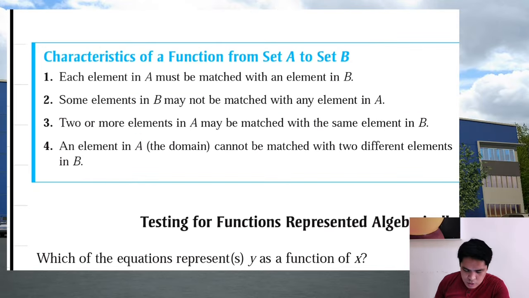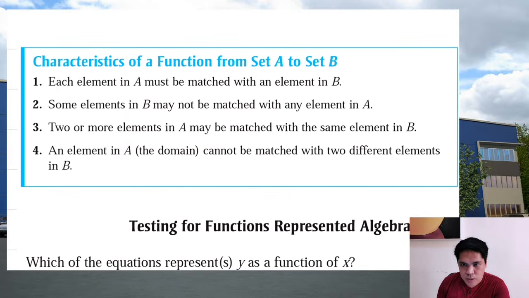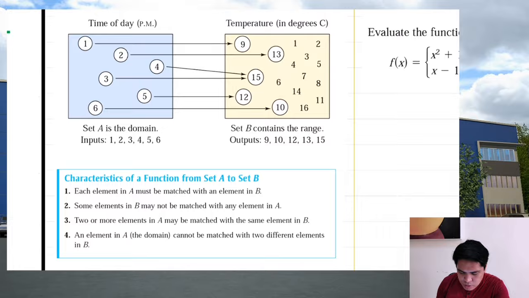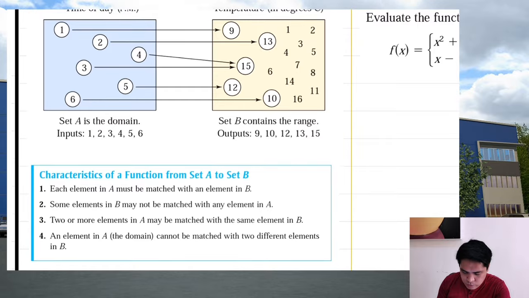So here are the characteristics of a function from set A to set B. Number 1, each element in A must be matched with an element of B. Meaning, dapat related sila. Number 2, each element in B may not be matched with any element of A. So pwedeng wala siyang kamatch dun sa A. By the way, we are describing these characteristics using this figure.